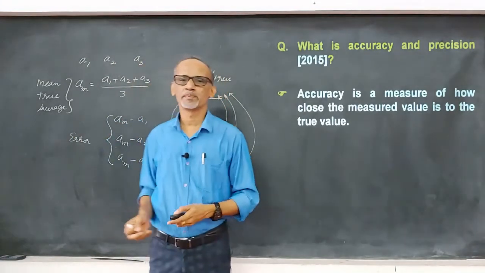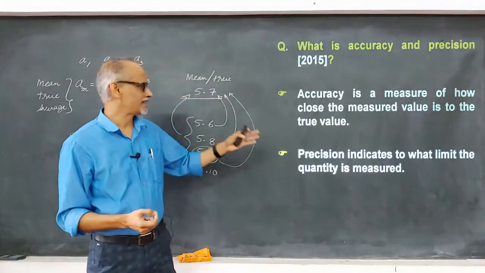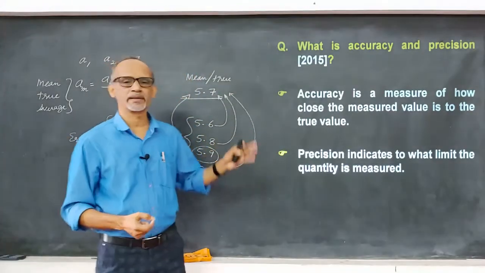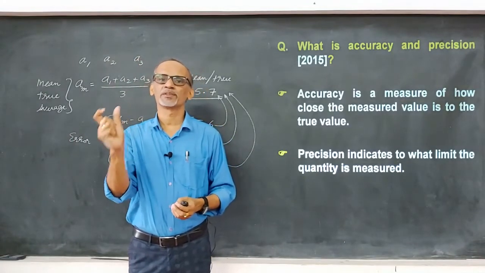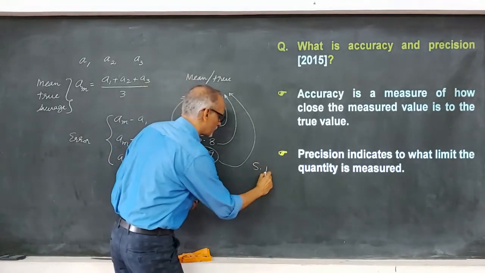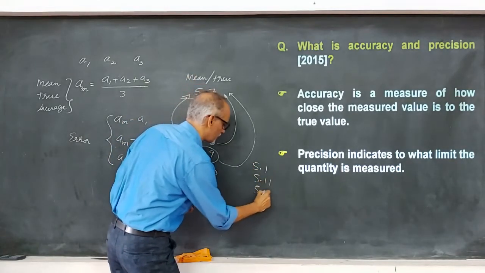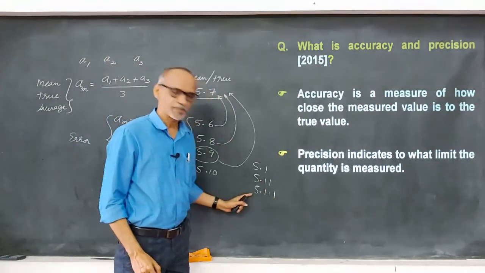And what is precision? I have already explained precision, correct? Precision indicates to what limit the quantity is measured. Limit means how many digits we can measure after the decimal. For example, 5.1, 5.11, 5.111. This is a more precise value.